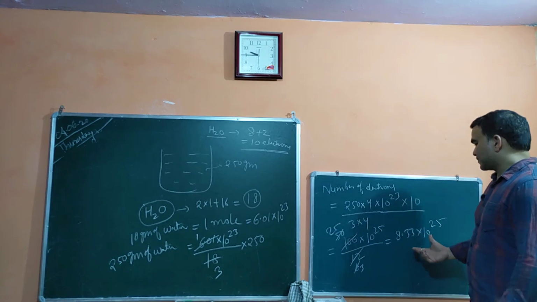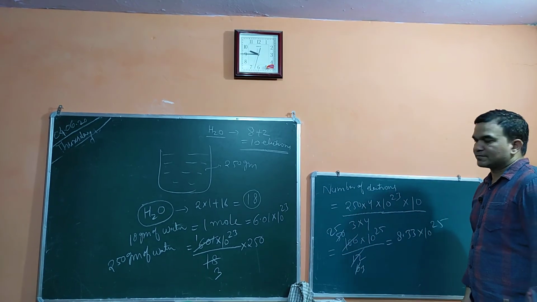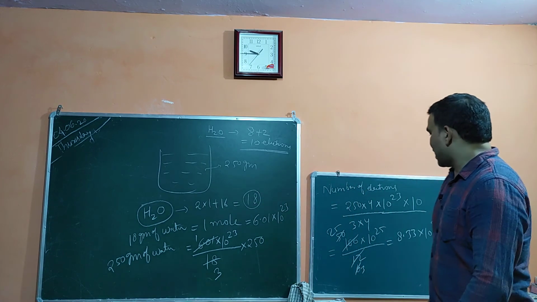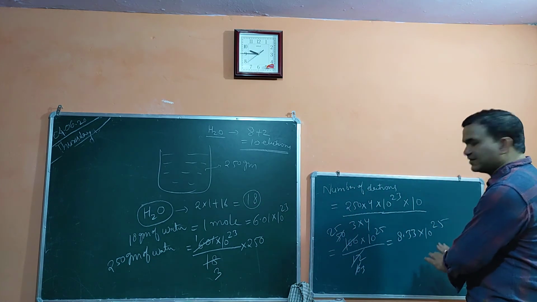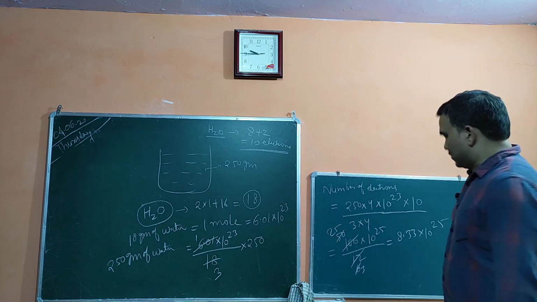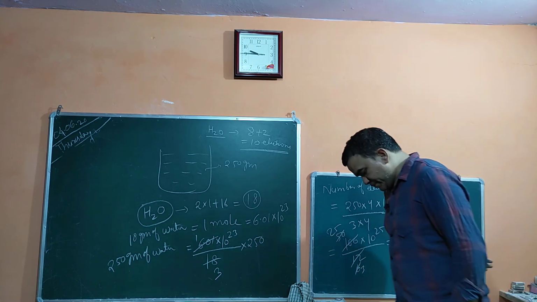So these many electrons are there in 250 gram of water. I hope till this stage everything is clear. Very good, so the number of electrons we have found.